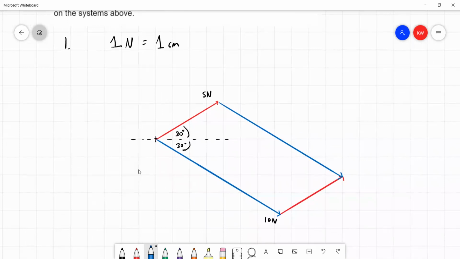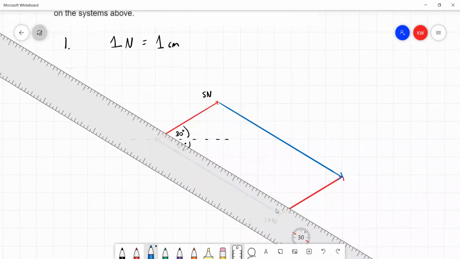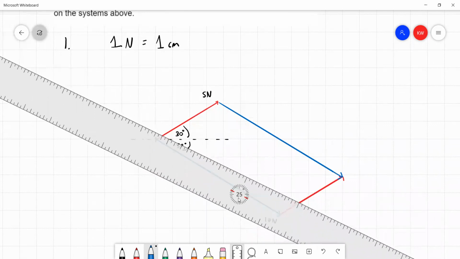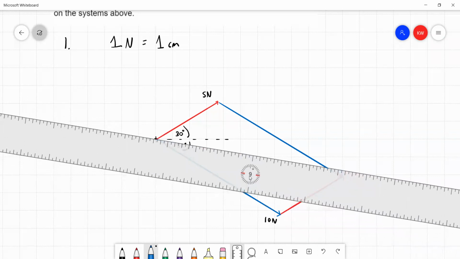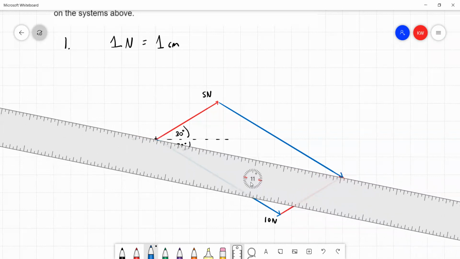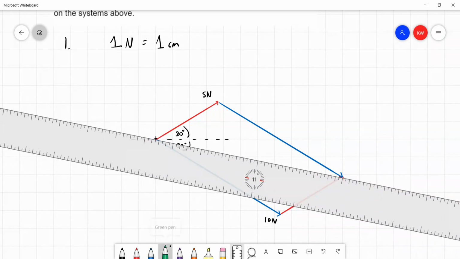How we find out this overall effect is by taking our ruler, lining it up with our starting point. So we adjust it around until we find our starting point here, and draw a line from our starting point to the point where our vectors meet at the opposite corner. So this is our angle here. Now, again, we might not be completely precise with this, but we want to get as good an effort as possible.